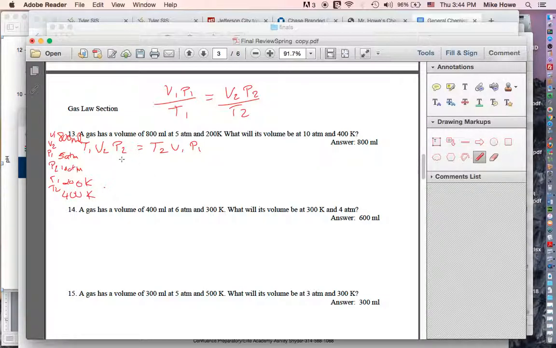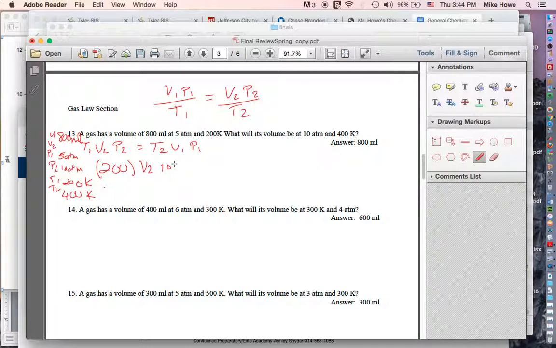All right, so if we plug our numbers in, temperature 1, I'm going to go ahead and put in 200 K. I'm going to leave out the units because I've got a tight space and a pen that writes kind of fat. We're looking for volume 2. We don't know what that is, so just put a V2 in there. Pressure 2 is 10 atmospheres.